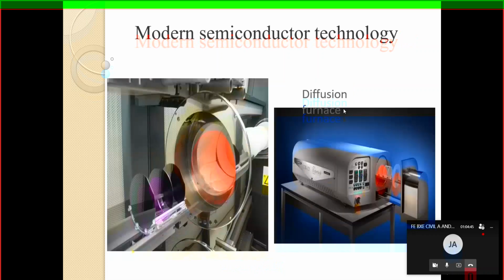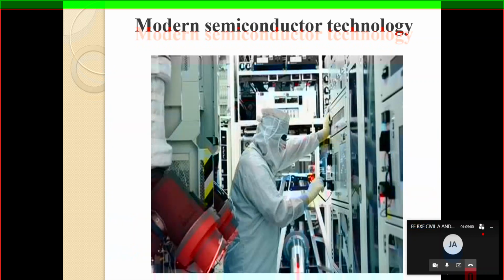This also shows diffusion in the furnace, one electronic device, and here laser beams are used in semiconductor technology, which is application based circuitry, and central processing technology in modern devices you can also see.